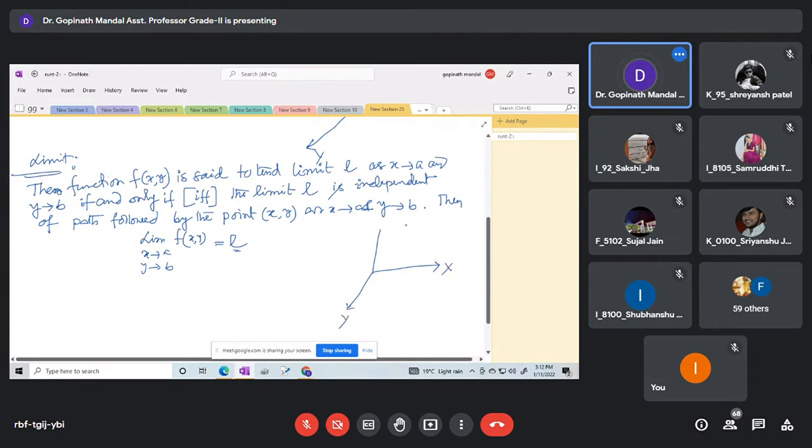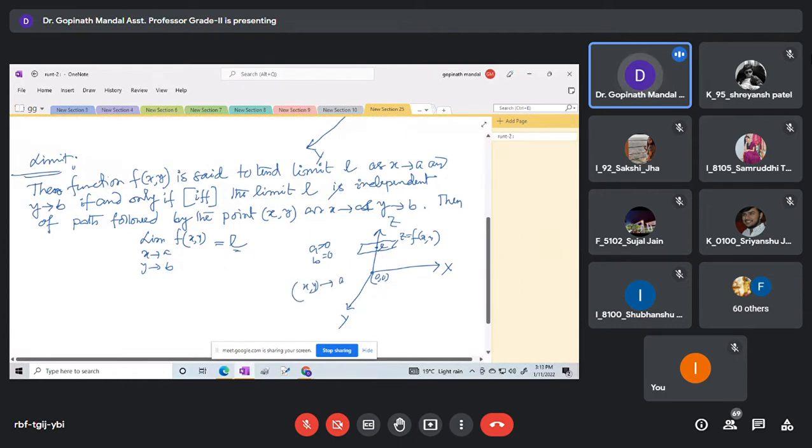Suppose the point (a,b) is a equal to 0 and b equal to 0, and this is z equals f(x,y), and suppose the limit L is here.